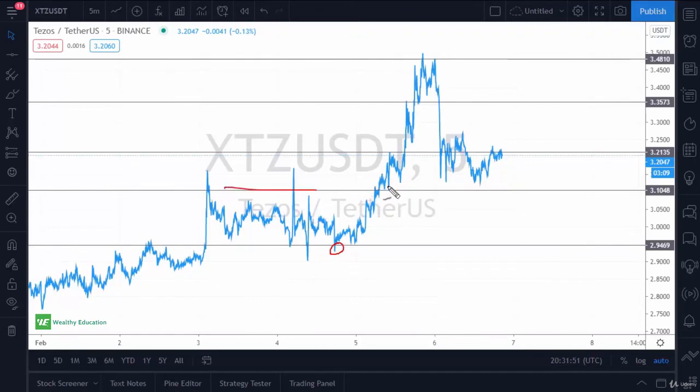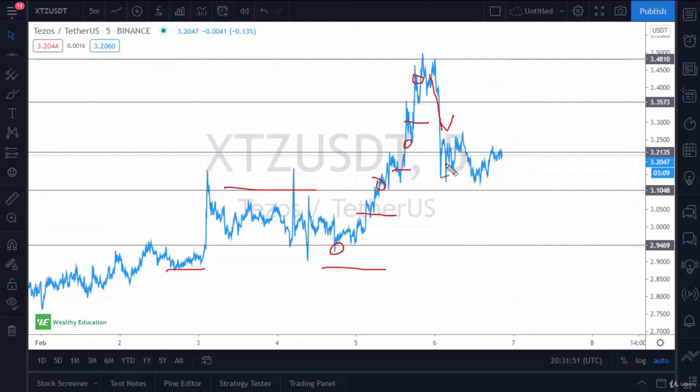So once you break through this, wherever your stop loss is to protect your account, once you break through this, then you lock in some profit. So you're through here. And then if you break through here, maybe you lock in a little bit more. And then once you break through here, you lock in a little bit more. And then finally the market comes back and takes you out. But it's a way of letting the market tell you when it's time to get out of the trade.